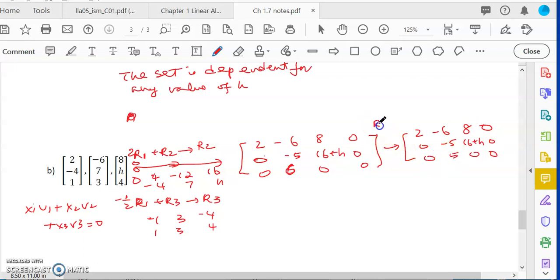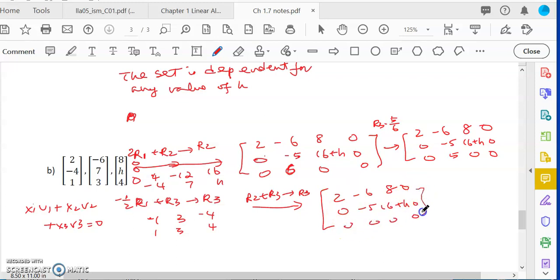So R3 times 5 over 6. And then the next one, to get rid of this, will be R2 plus R3, put into R3, and I would have 2, negative 6, x, 0, 0, negative 5, 16 plus H, 0, 0, 0, 0, 0. So I always have a solution, right?